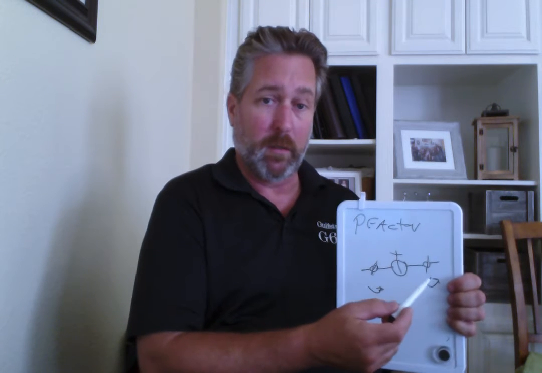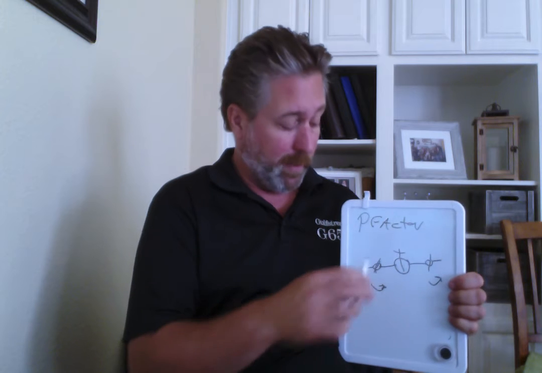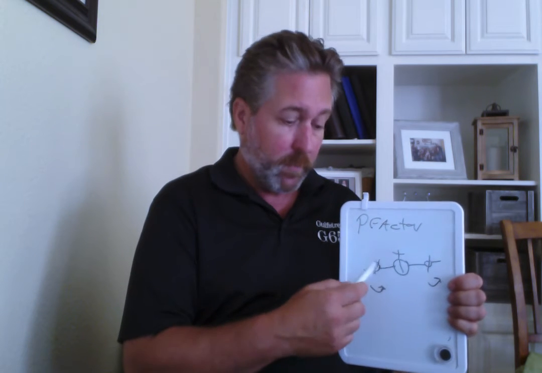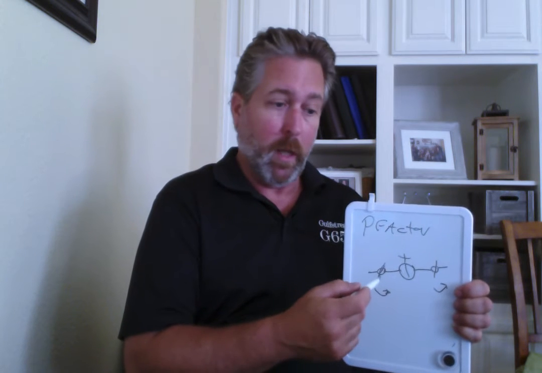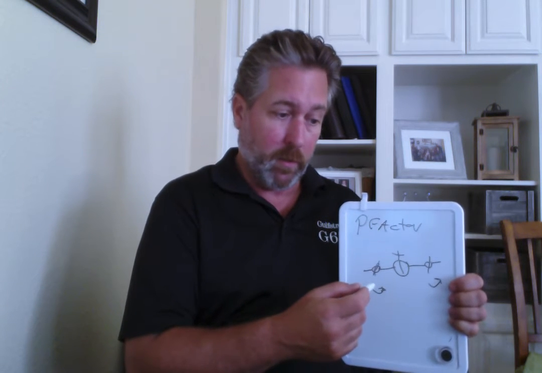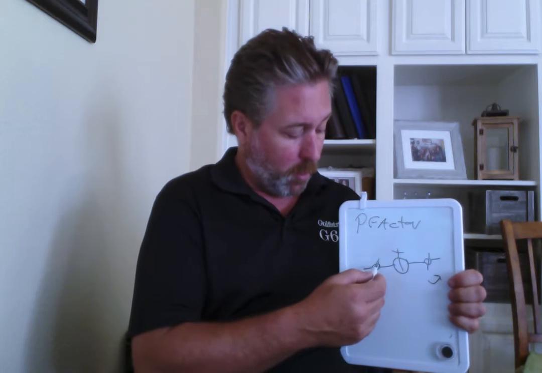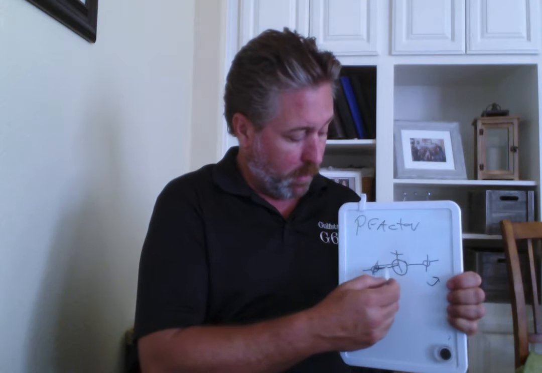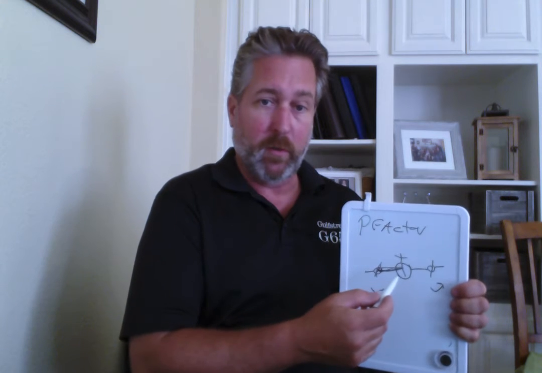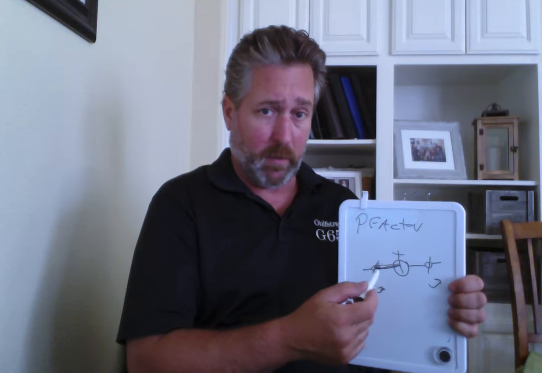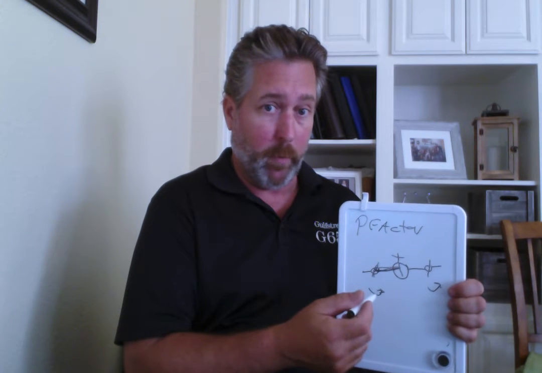If you lose this engine, the P factor from the remaining engine causes a lot more thrust, and because it has such a longer arm from the longitudinal axis of the aircraft, it causes a large yawing moment.